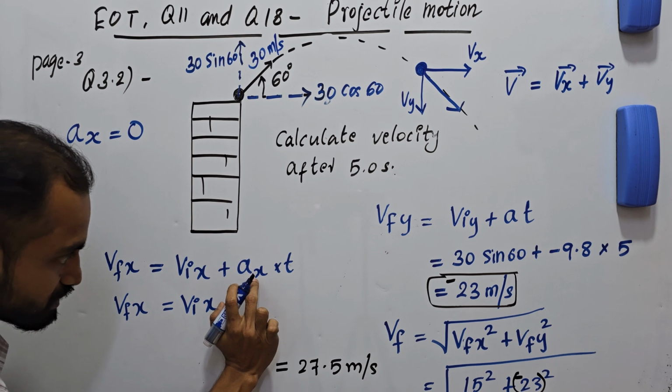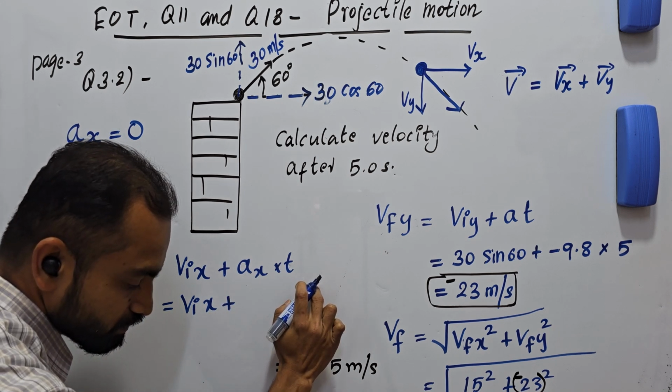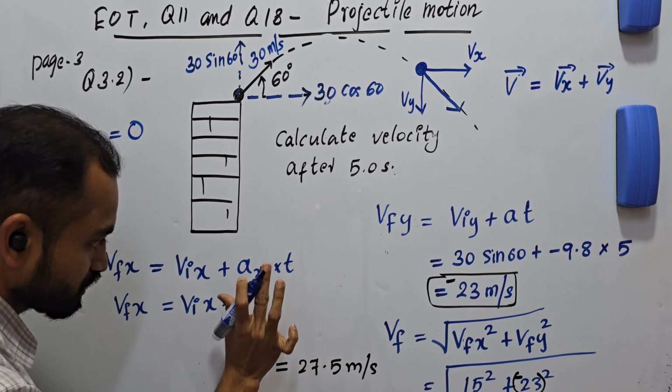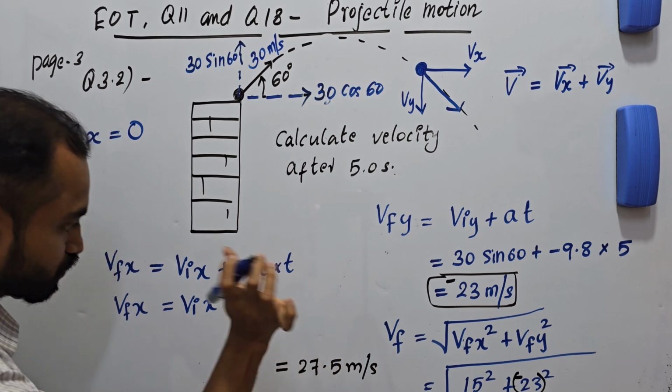So acceleration is equal to 0. 0 multiplied by time is 0, right? So I am not writing it. No need to write 0.